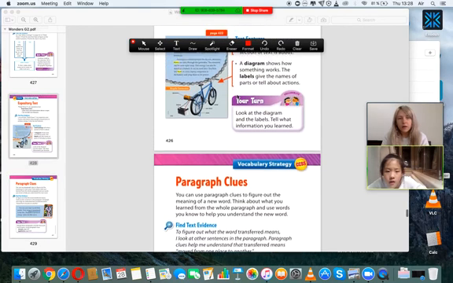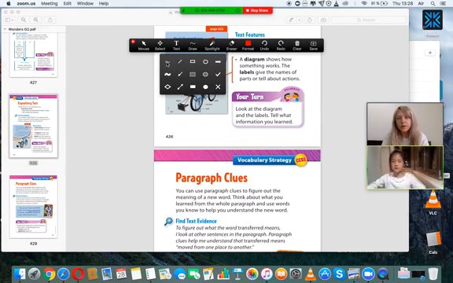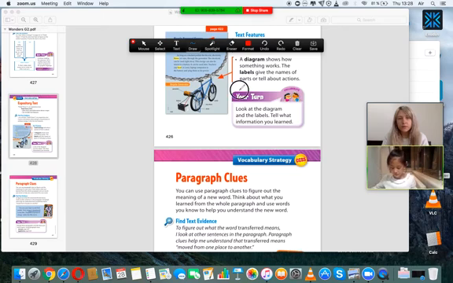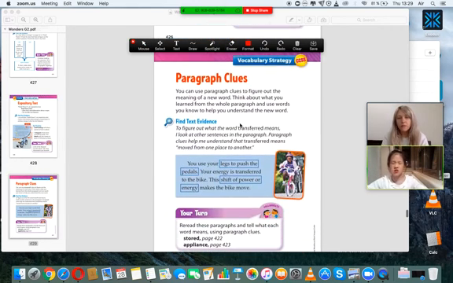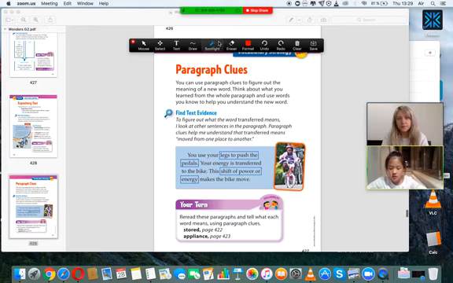And so our turn, I think we did it. So we had to look at the diagram and the labels and tell what information we have learned. So you told me it. And now we can continue. Paragraph clues. Let's see, what is it?